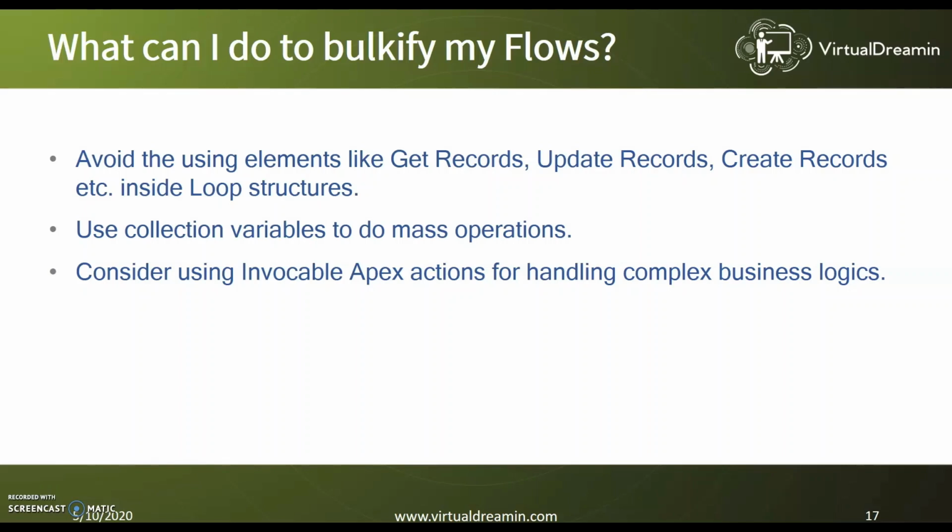Whenever you are doing mass operations, use collection variables. For example, if you have to create a record, instead of creating the record inside a loop every time, you can add that record to a collection and then update that collection at the end of your flow.